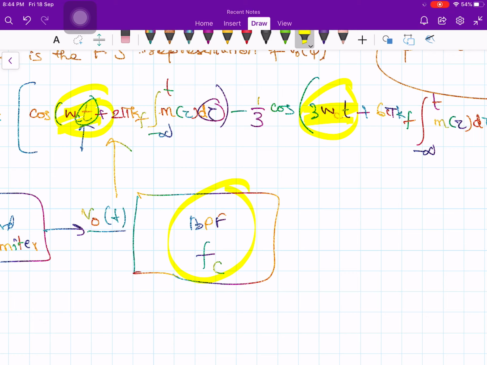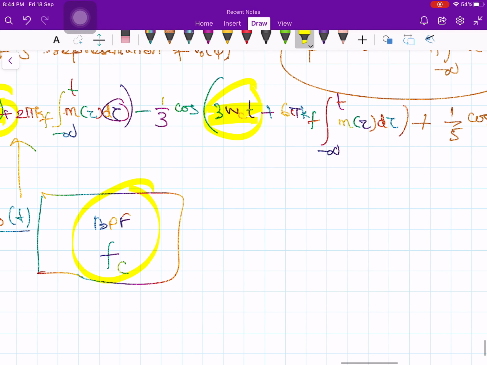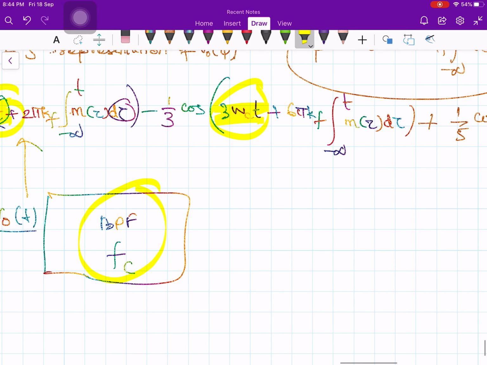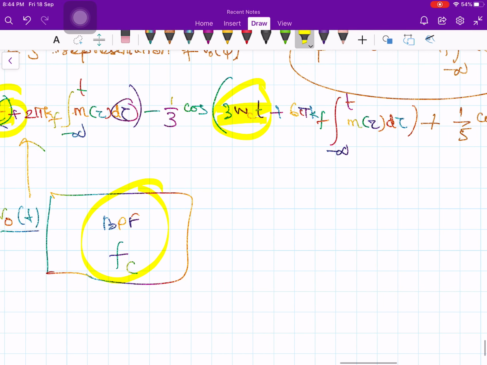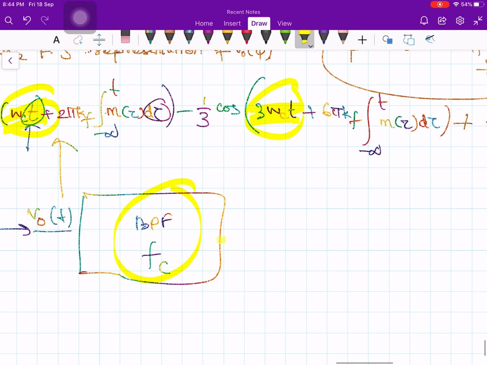What will happen? The remaining frequencies 3 omega c, 5 omega c, and so on will be rejected by the band pass filter. If the bandwidth is sufficiently small, only the frequency centered around fc will be passed, and the higher frequency components 3 omega c, 5 omega c, 7 omega c will simply be removed. Therefore the output of your band pass filter will contain only this component.